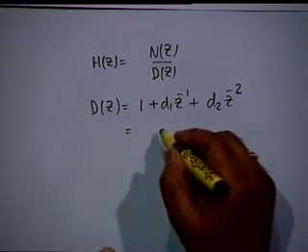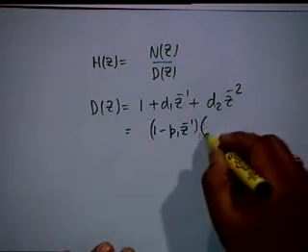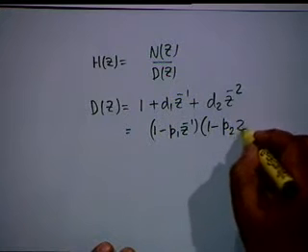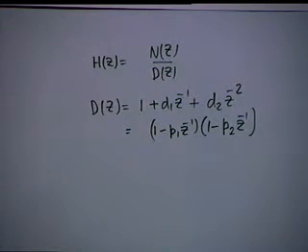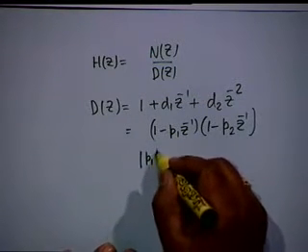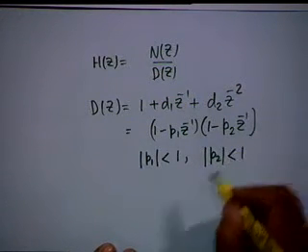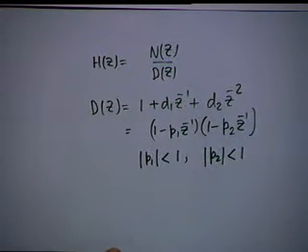Now, if I write this as 1 minus p1 z inverse multiplied by 1 minus p2 z inverse, that is p1 and p2 are the poles, then we require for stability magnitude p1 less than 1 and magnitude p2 also less than 1.